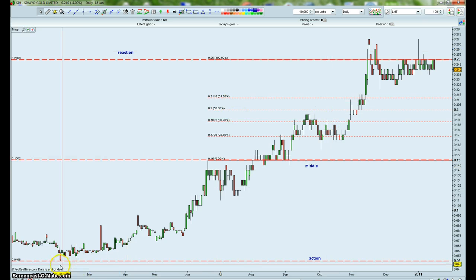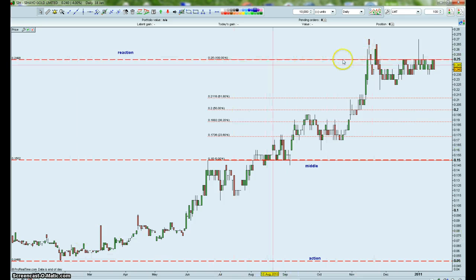What we do is start at a significant low down here, and then we pick a pivot point somewhere, and we're trying to relate it to what's happening today. So we've picked this pivot point here. There's some significant action there. That's our middle line at the 50%, and then at the 100%, that's our reaction line.